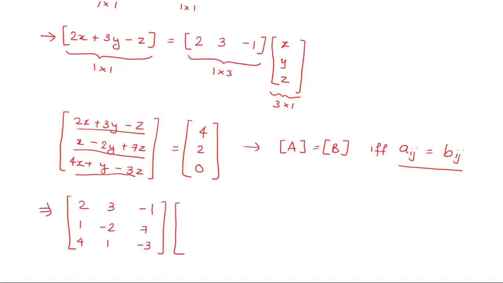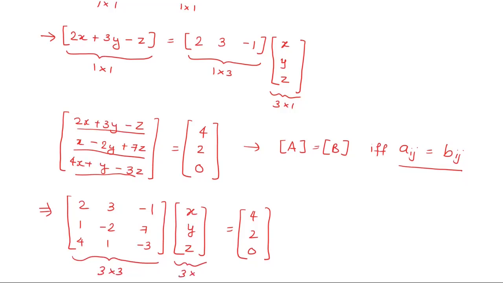That is multiplied with the column vector of the unknowns x, y, and z, which is equal to 4, 2, 0, which is the column vector. And as you can see, the size of this matrix is 3 by 3. Unknown is 3 by 1. And the resulting vector is also 3 by 1.